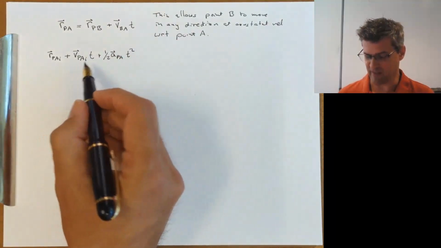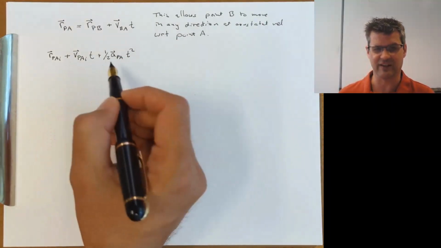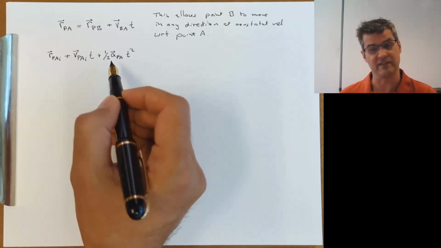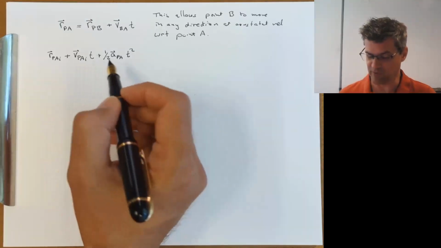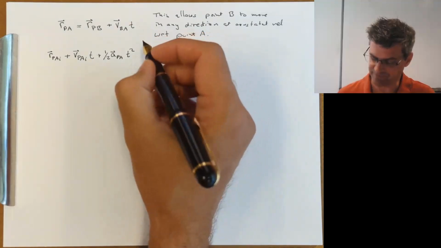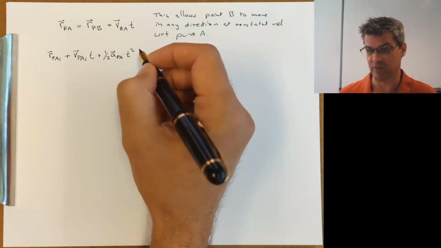This is what a position vector looks like with constant acceleration. So here we're looking at cases of constant acceleration of point P with respect to A.